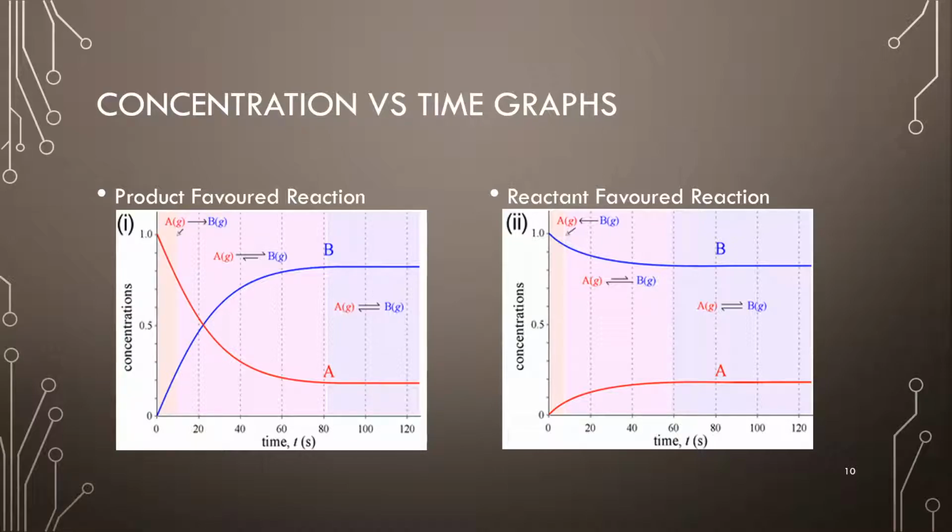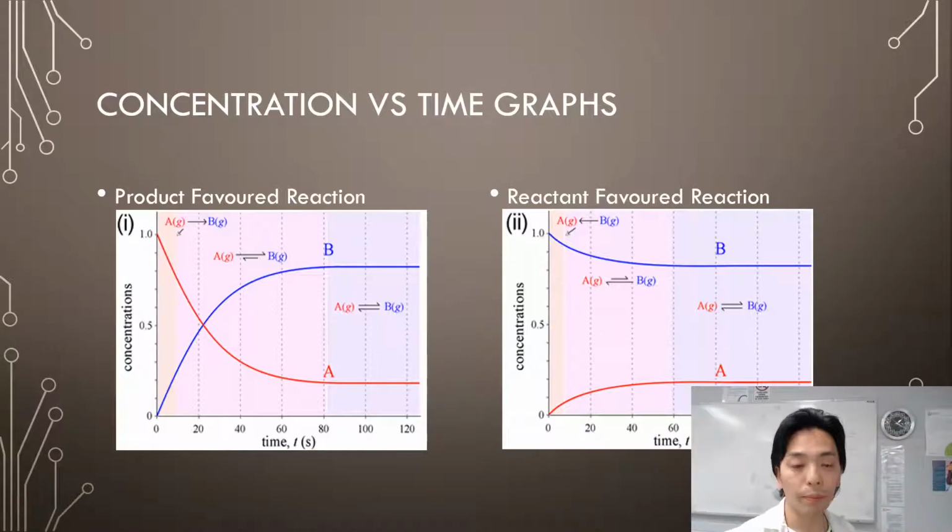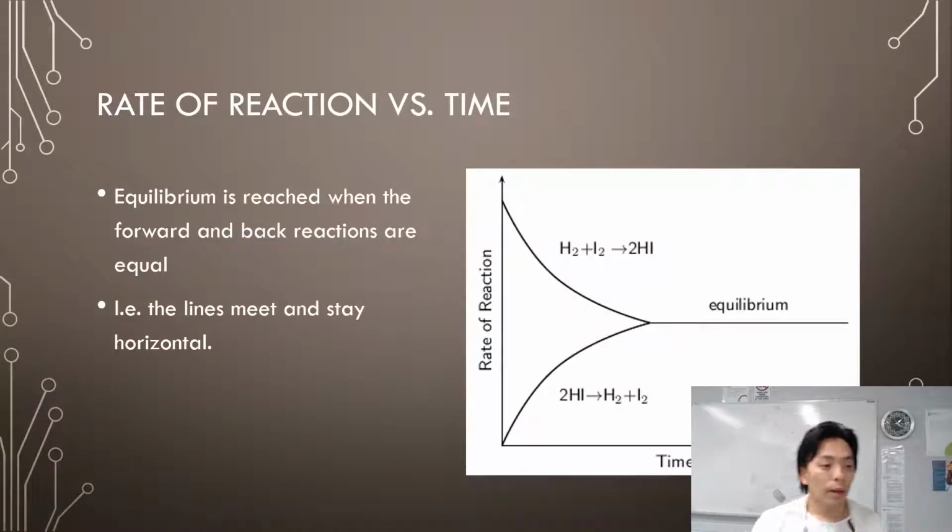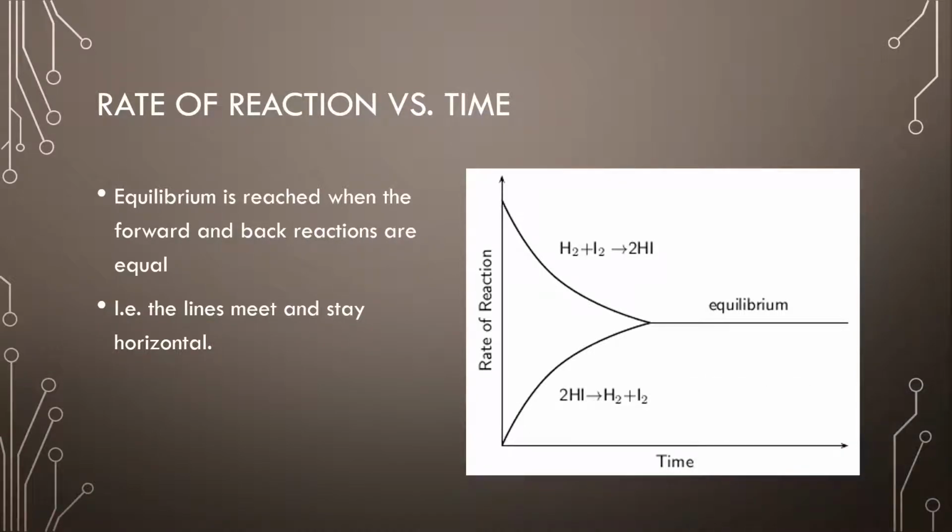So that's something that you can get by interpreting graphs. Something that I already mentioned before, if you are tracking rate of reactions over time, you'd see that the rate of reaction going forward and going backwards would become the same when the system reaches its equilibrium, and it becomes horizontal.